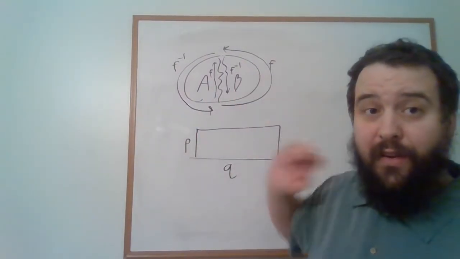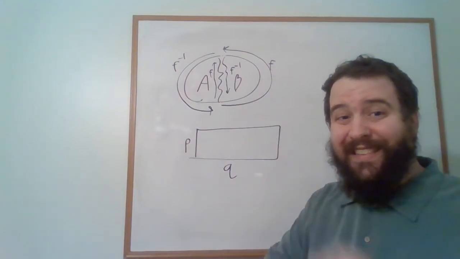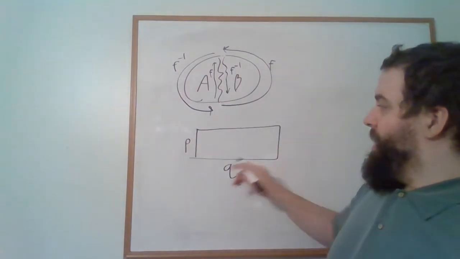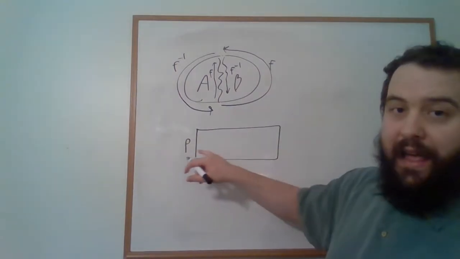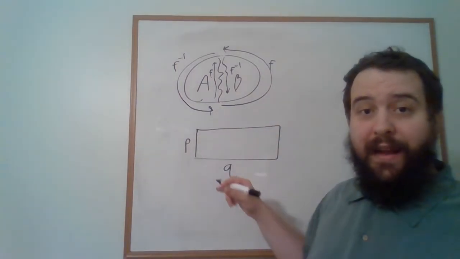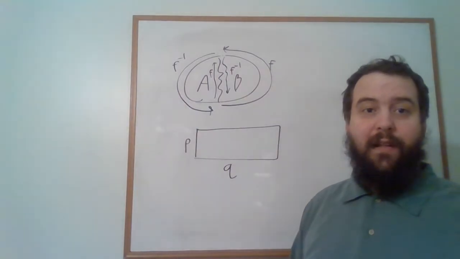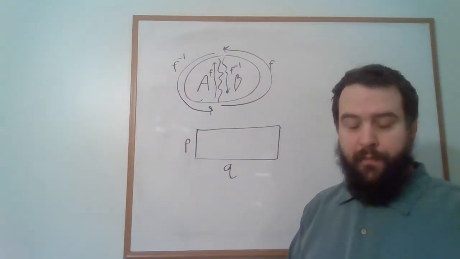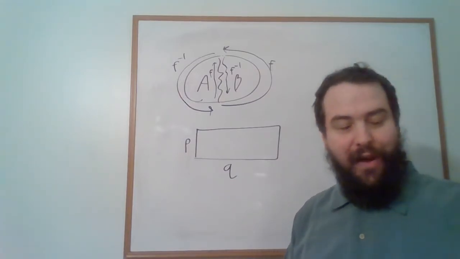But nonetheless, it could be rollable. But if it is tileable, then it has to be rollable. And so if we claim that this P by Q rectangle is going to be tileable, then it has to be rollable.